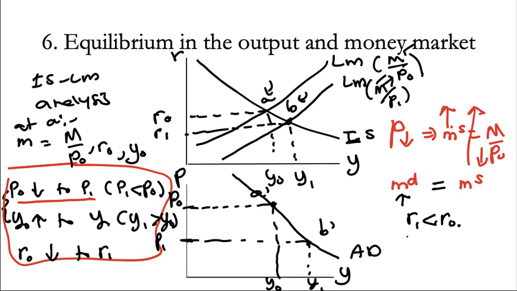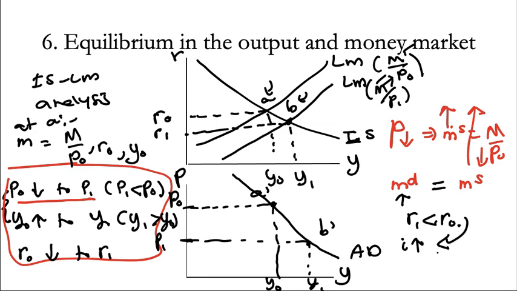Now, what does it mean here in the economy? Remember, interest rate is the cost of borrowing for all investors and therefore the cost of production for investors. Now the cost of production for investors is relatively cheaper, so it gives more motivation to invest more. And therefore investment demand increases.